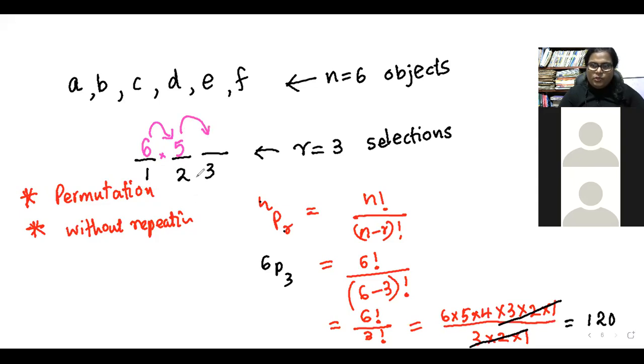Then how many do we have? If we allocated 2 for these 2 positions, we have only 4. Yeah. So we can get the answer by multiplying these 3 selections. Then it gives you 6 into 5, 30, 30 into 4, 120. The answer comes without the formula also, right?